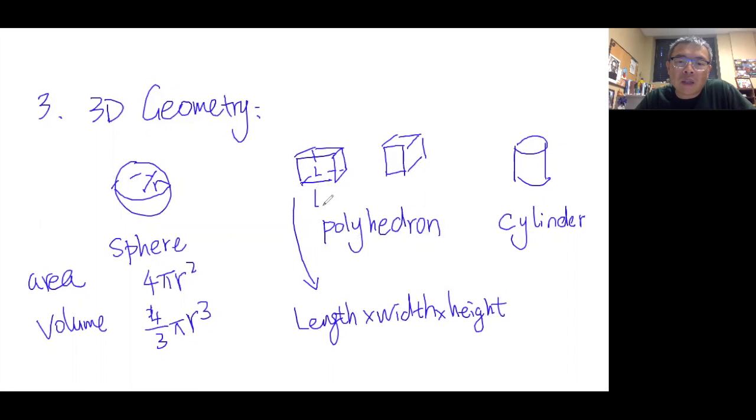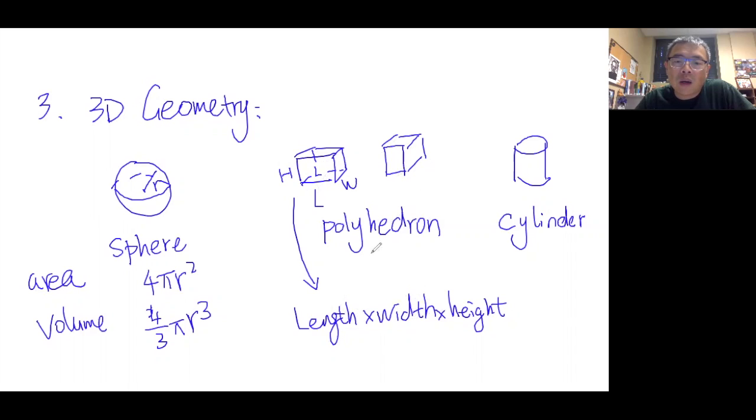You can actually define whatever length you want as length, width, or height. But anyway, it's a combination of three. Again, it makes sense, because to get a volume, you need three lengths multiplied together.